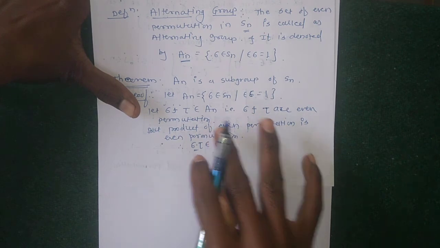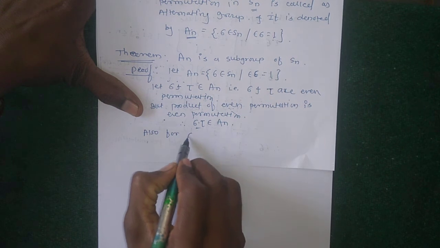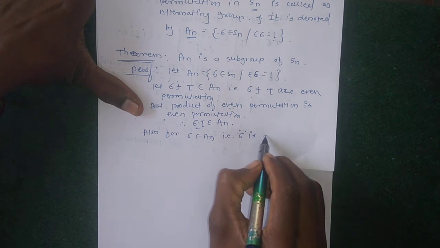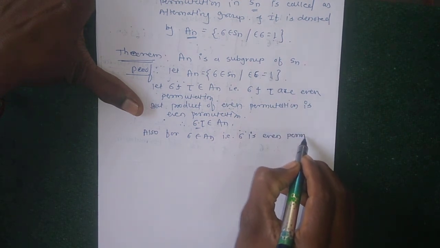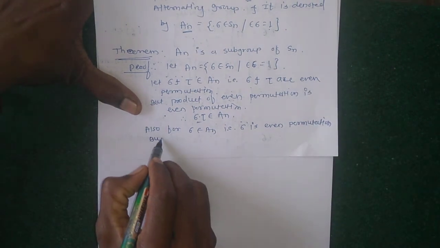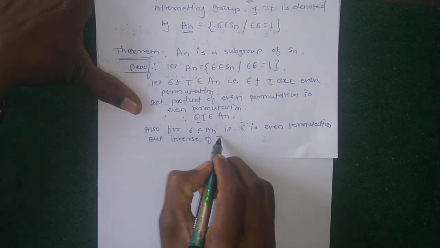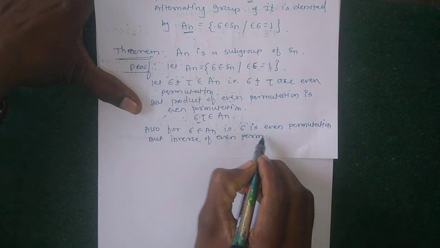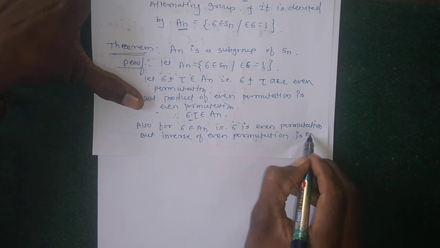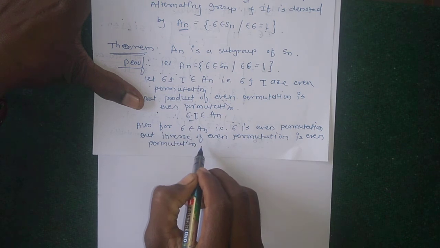Also, to find the inverse of a permutation: for sigma belonging to An, that is, sigma is an even permutation, the inverse of an even permutation is an even permutation.